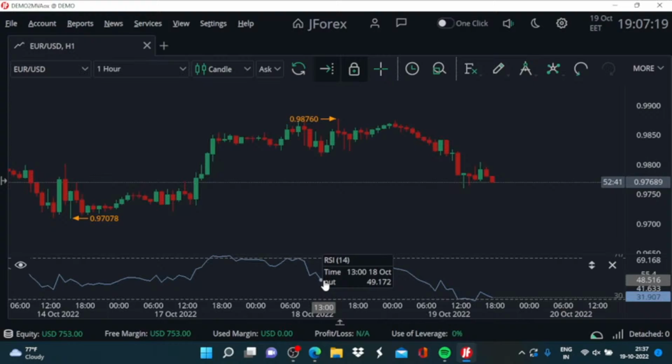But if there is only consolidation going on and we don't have any significant move in either direction, then we will have this kind of scenario where for one hour we have the output above 50 and for the next hour below 50.